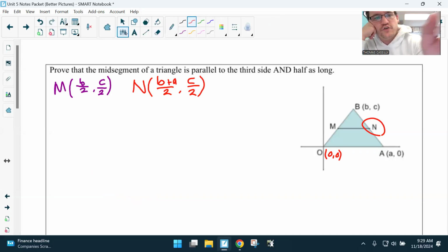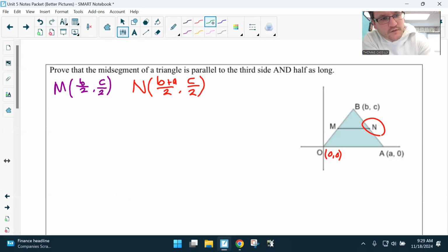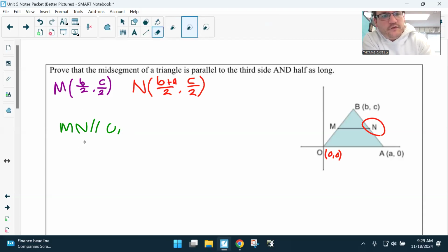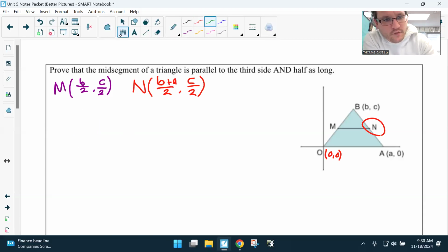All right, so if I want to show that MN is parallel to OA, we have to use slopes to do it. So the slope of OA, so I'm going to use the little m of OA, is equal to y2 minus y1.